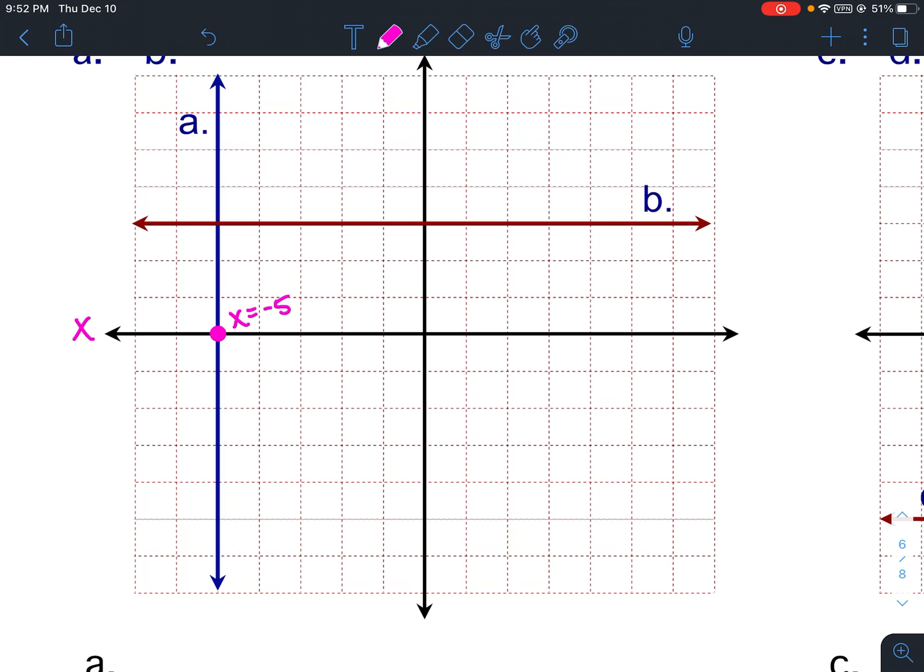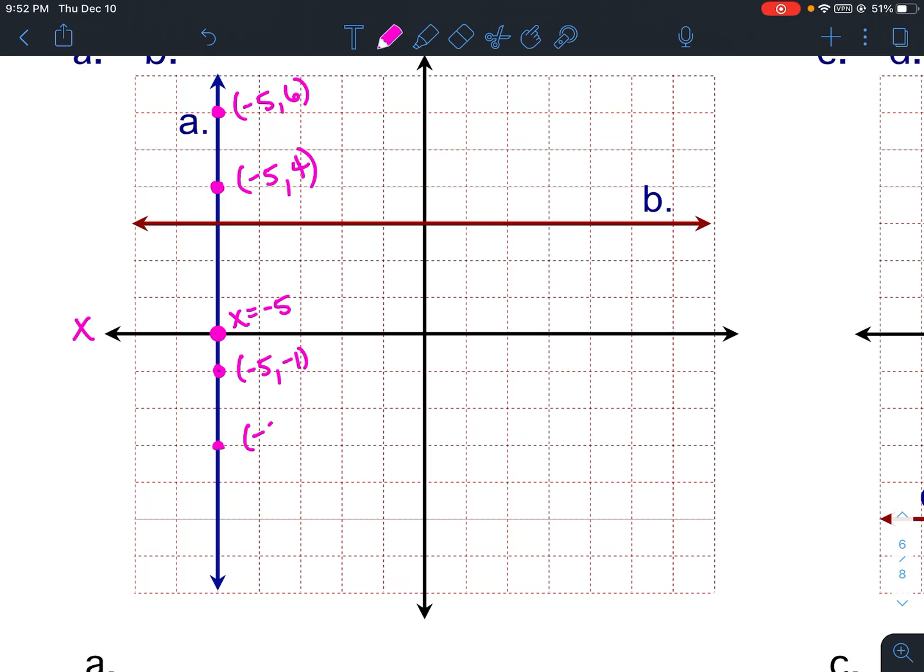Now I want you to look at something. If I picked this point way up here, that ordered pair would be -5, 6. If I picked this point right here, that would be -5, 4. This point would be -5, -1.